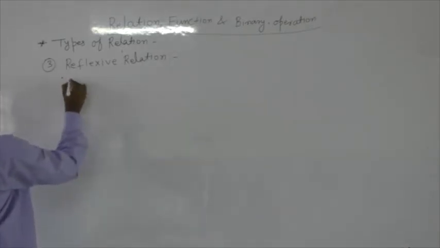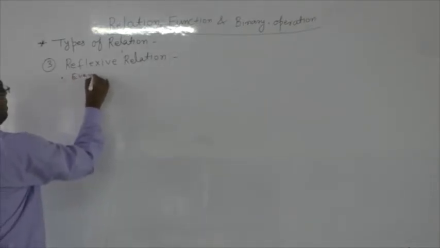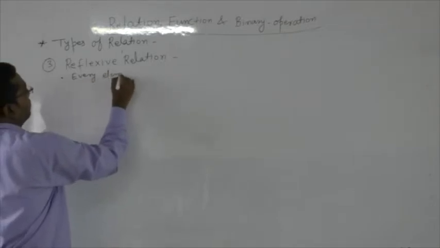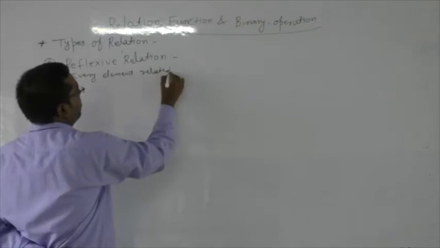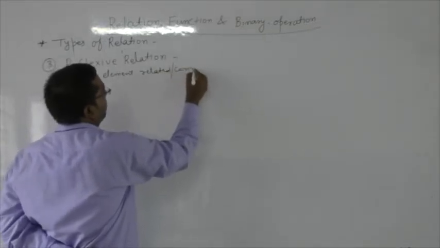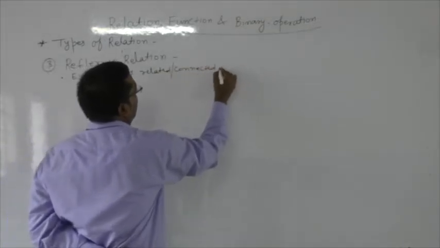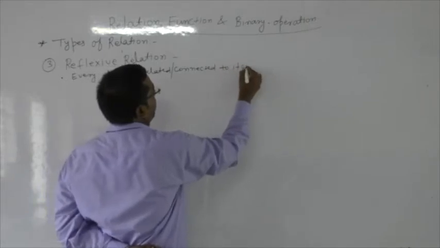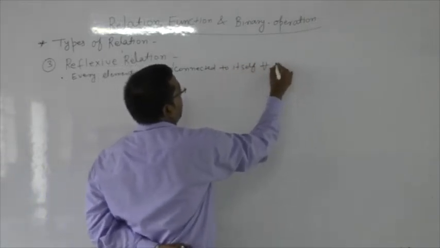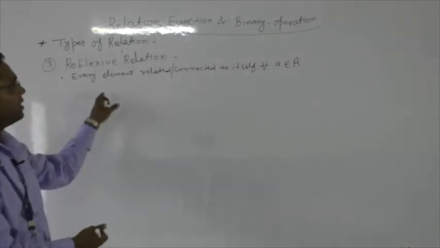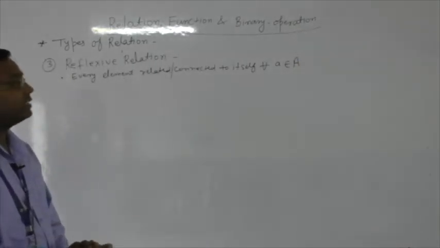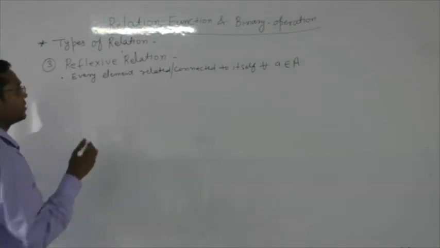Means every element is related or connected in the diagram to itself, for all a belonging to A. If every element is related to itself in this relation, then that is called the reflexive relation.